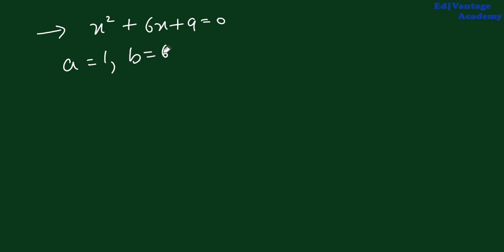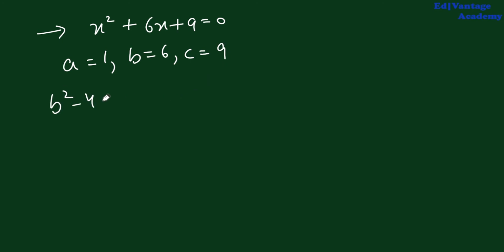Fine. One more example we will do to comment on nature of roots. Let us take the example of x square plus 6x plus 9 is equal to 0. So what is a here? A means what is in front of x square, coefficient of x square. Nothing means it's 1. b is 6, c is 9.